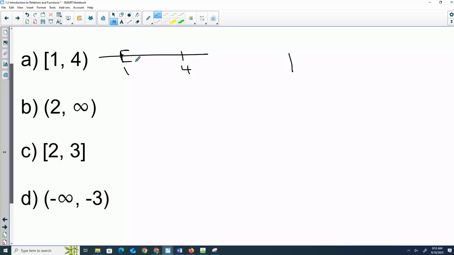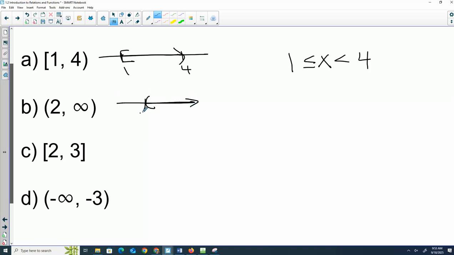So it's starting at 1, going to 4. So it's just a compound inequality. So we say 1 is less than or equal to x, which is less than 4. The 1 gets an equal to because it had a bracket. 4 does not.